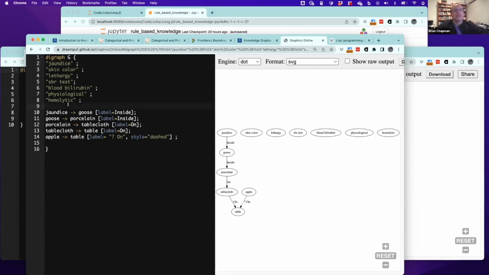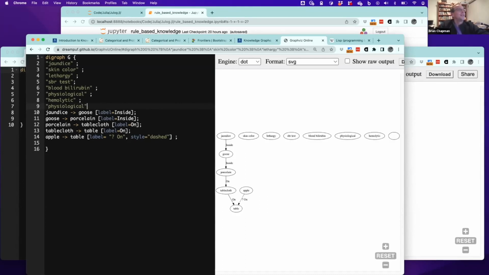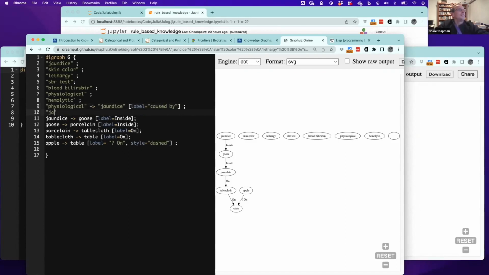Do we want an arrow going from physiological to jaundice with a label equals caused by?